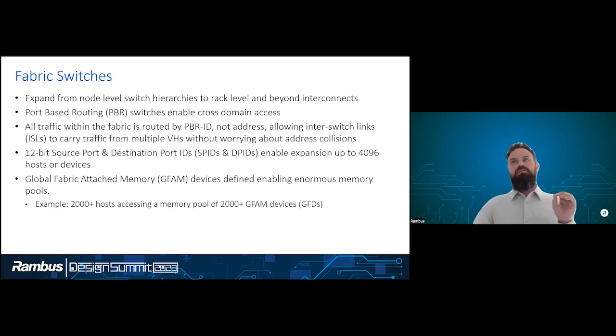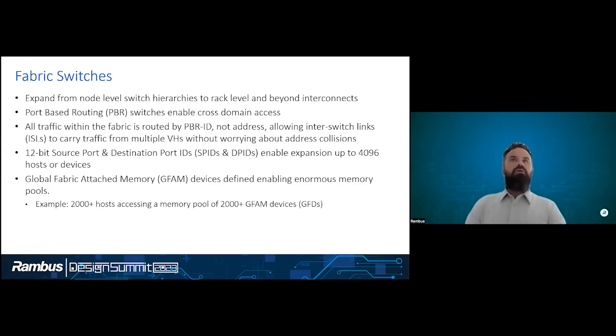All of this fabric also expands the load store interface, which historically was confined to being directly attached to the CPU. Now with CXL, the load store interface is expanding out even to a fabric of switches.